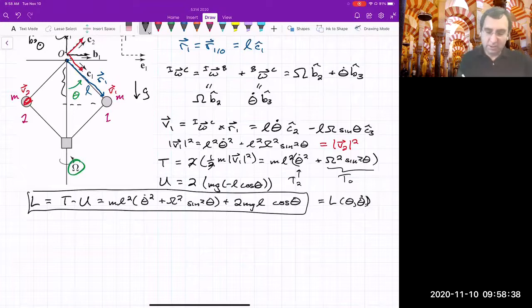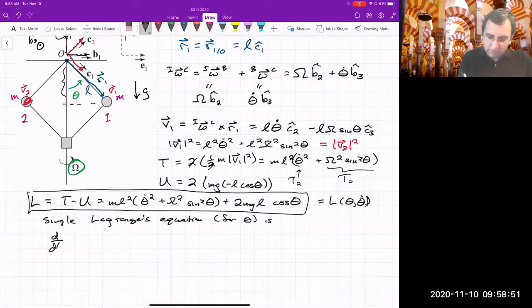So our single Lagrange's equation can be written as the total derivative of partial L, partial theta dot, minus partial L, partial theta, equals 0.